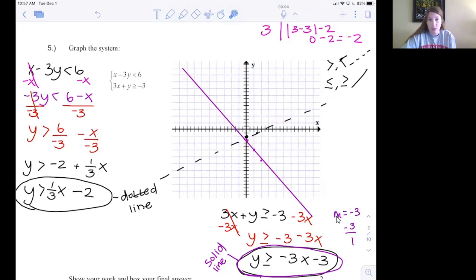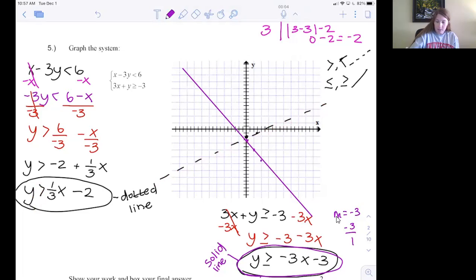So now I have to shade. I don't know if you remember this, but let's look at this black one, this dotted line right here. So this is y is greater than. So this is how I do it, but I'll show you another way. I think of it's greater than.